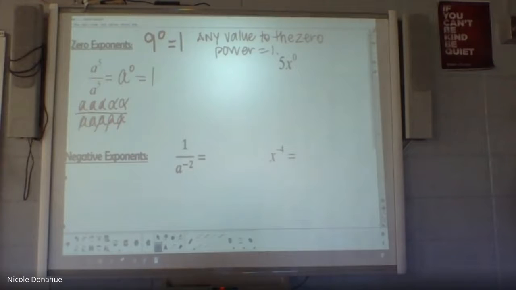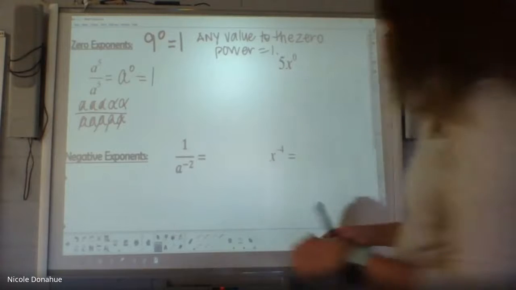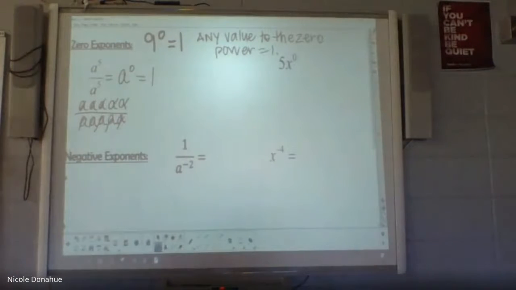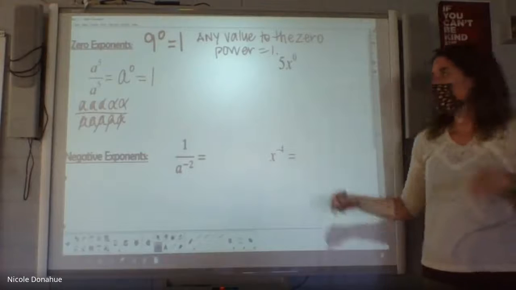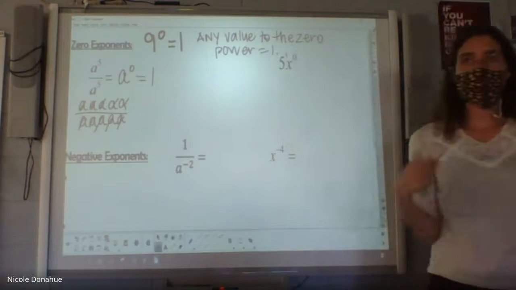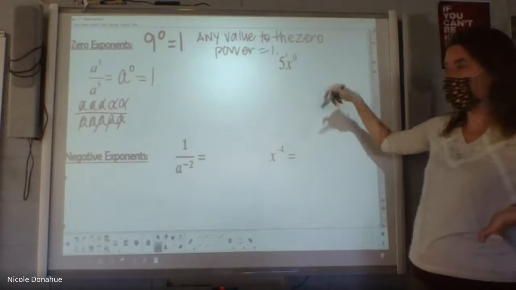Now I wrote 5x to the 0 power. Careful on that. What's that going to equal? Maybe 5, I heard 0, I heard x. All right, so what's 5's exponent right now? It's like a 1. So the 5 does not have the 0 exponent, just the x does.